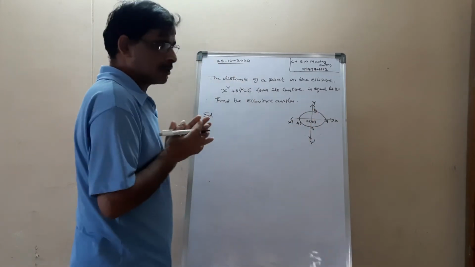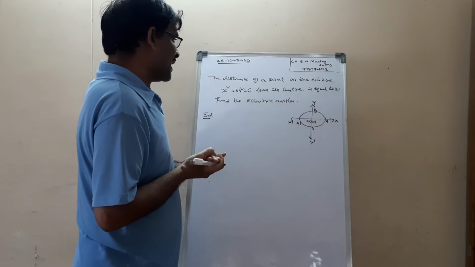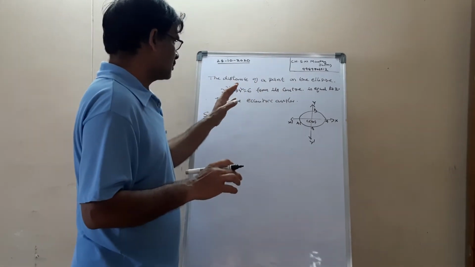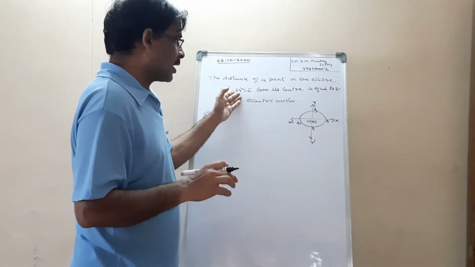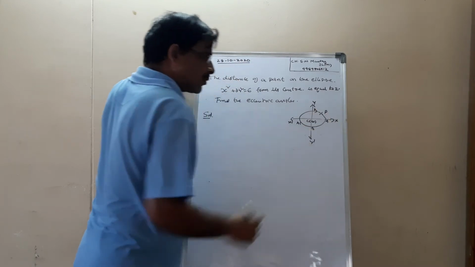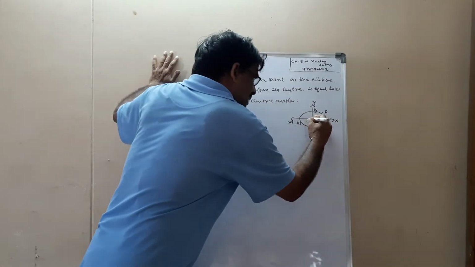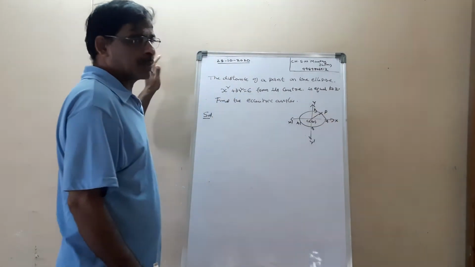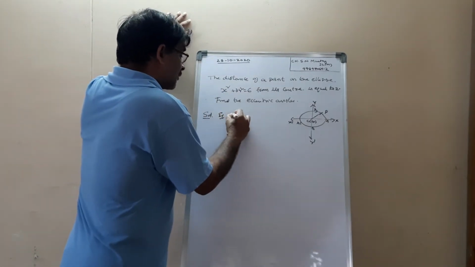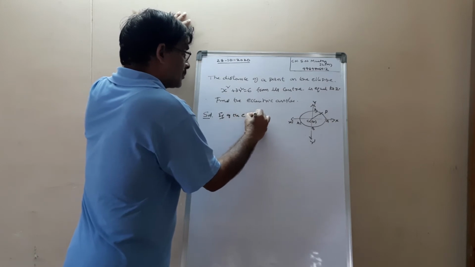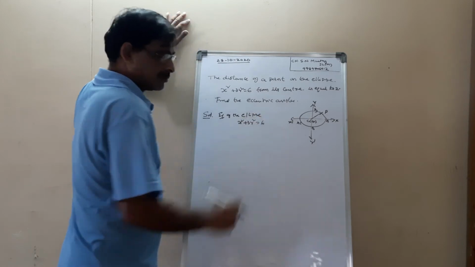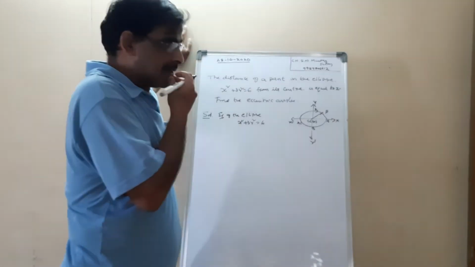See, the distance of a point on the ellipse from its center. So you take a point P on the ellipse. The distance between the center and that point is CP. First, what is given? The equation of the ellipse, that is x square plus 3y square equal to 6.